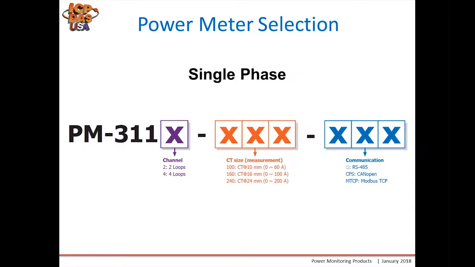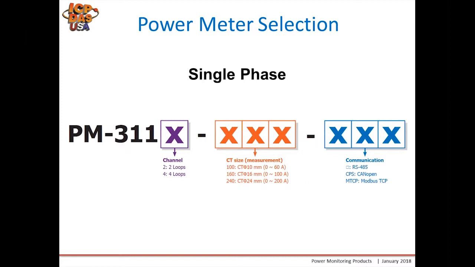Okay, next, this is the part number breakdown for our single-phase models. PM311 is the beginning part of the part number. Then the next character is the number of channels, whether it be 2 channels or 4 channels. And then the CT size with measurement, and protocol lastly.